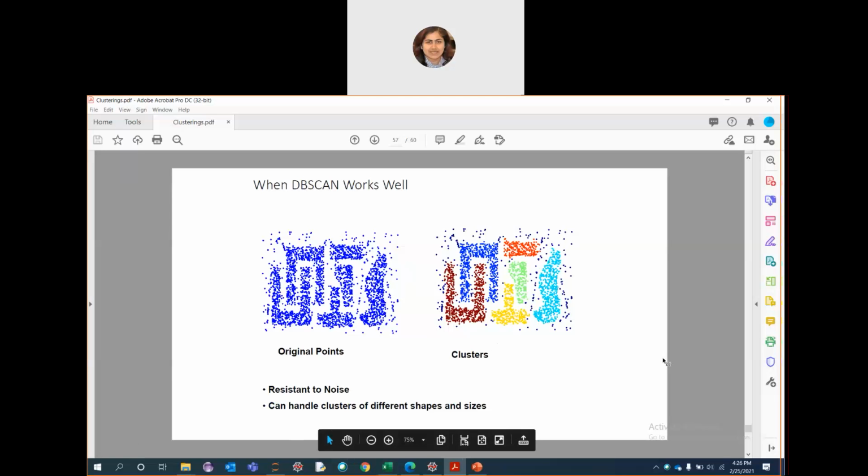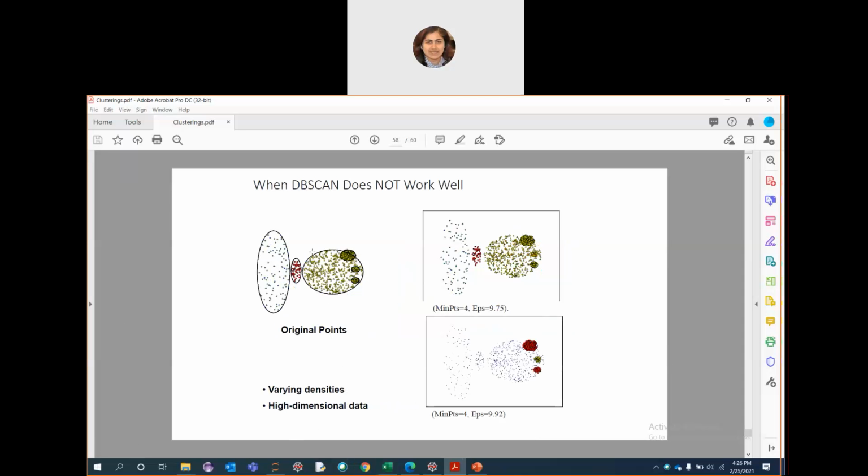It can also handle clusters of different shapes and sizes. If you see, this is a varying set of datasets. Sometimes it can handle shapes, but sometimes it may not work well with varying density.